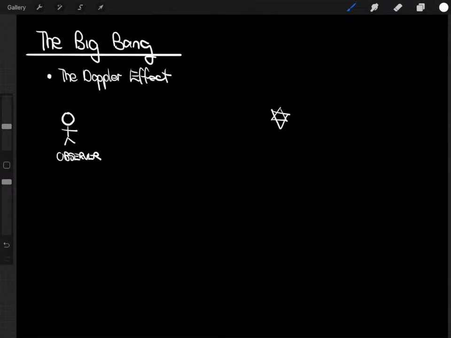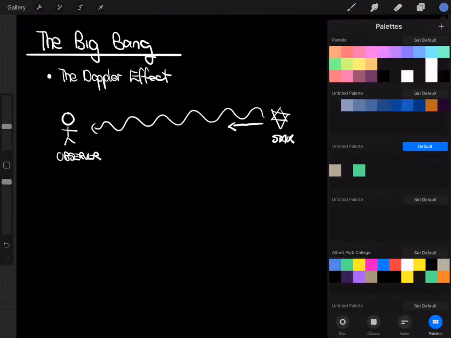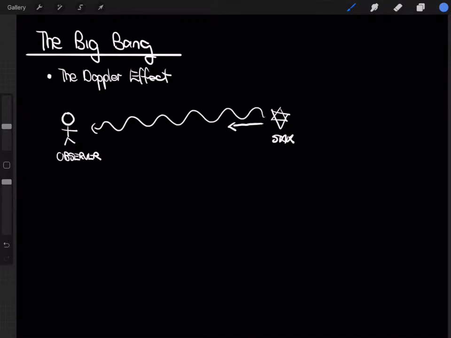What the Doppler effect tells us, and it applies to both light and sound, but in this case we're talking about light, is that if this star emitting light is moving towards us, towards the observer, the light that is coming from it gets squashed. And because it gets squashed, it ends up becoming bluer in color. And we call that blue shifting.